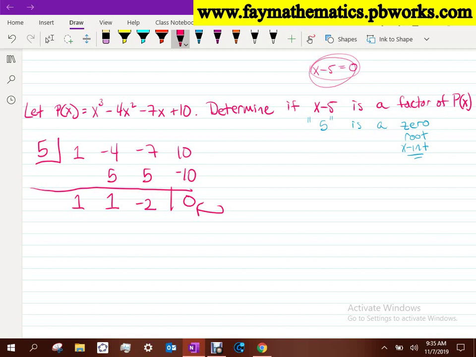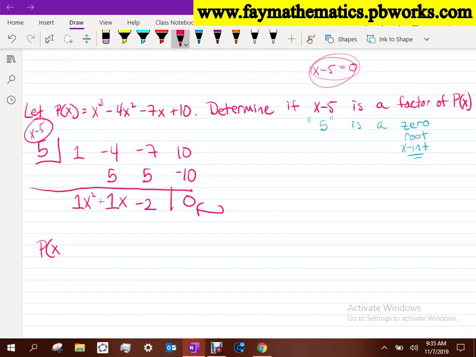So x minus 5 is a factor because the remainder theorem says it is when you get a 0 as a remainder. Okay. If that would have been like a 10 that I got back, that would tell me it's not a factor, right? That's kind of the question and discussion Blaze and I were having there for a moment. So x minus 5 is a factor. Doesn't that mean that this here is also a factor?